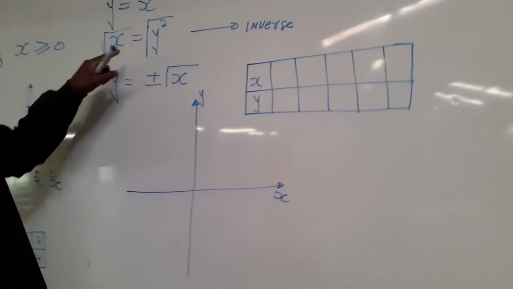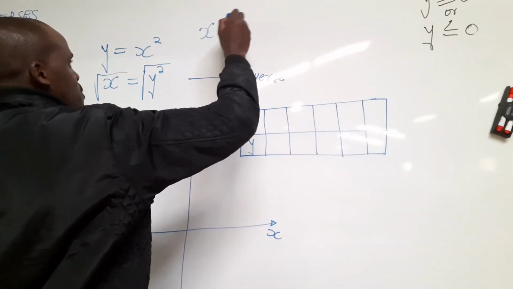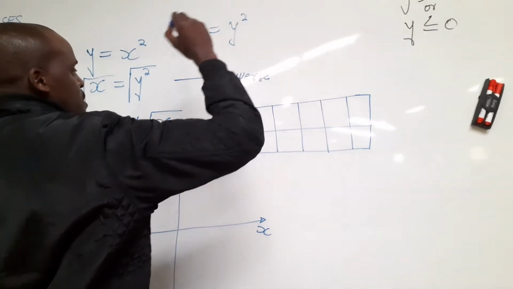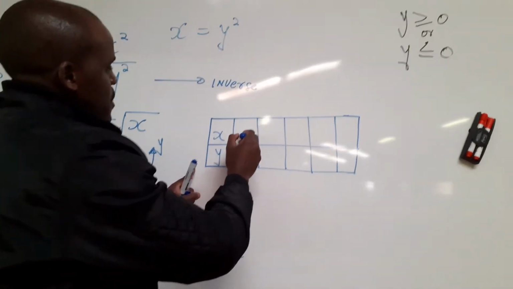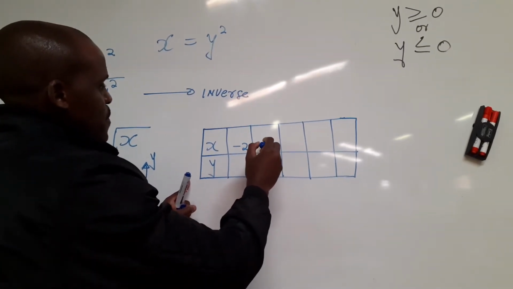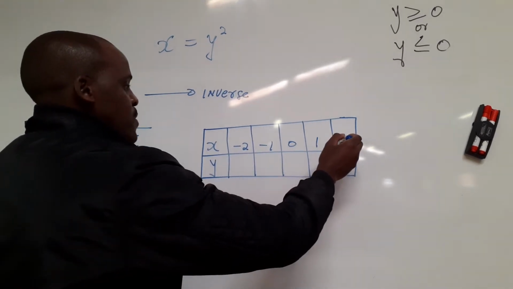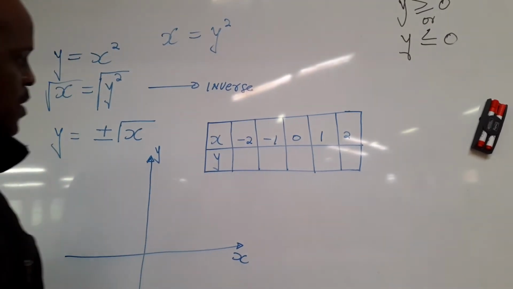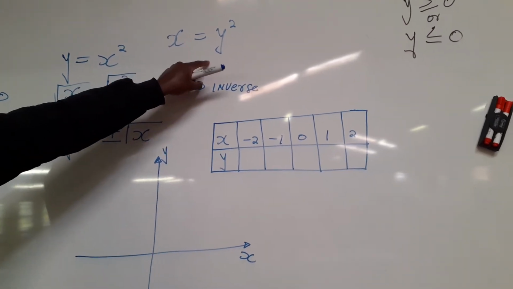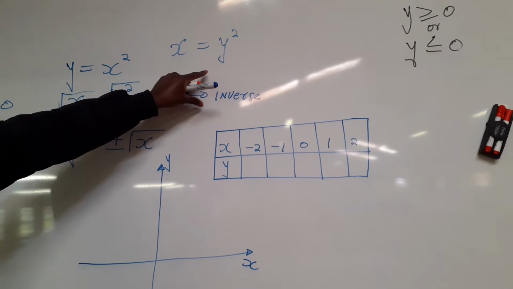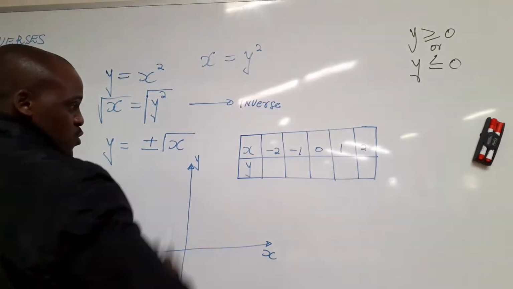Right, let's use the inverse. There, our inverse says x is equal to y squared. So it's minus 2, minus 1, 0, 1, 2. So now we are to check what will happen if we swap the 2 points.